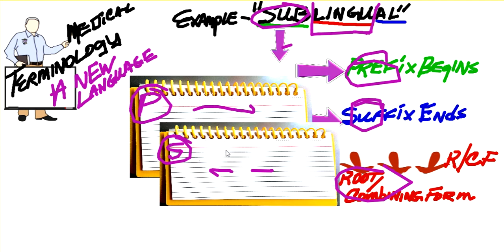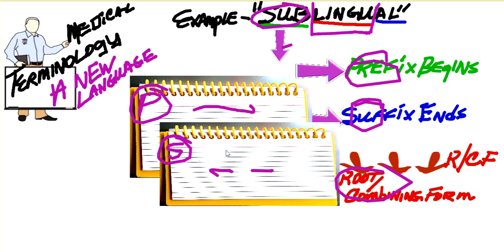It'll give the pronunciation of that word, how to pronounce sublingual, for example, and break it down to where you just repeat the syllables and then you can understand it much better. And then it'll give the elements, meaning the prefix or the suffix or the root or combining form of how to break that word down. And then at the end of the column, give you the definition of it. And that's how you learn medical terminology.